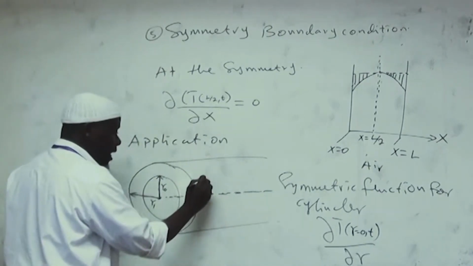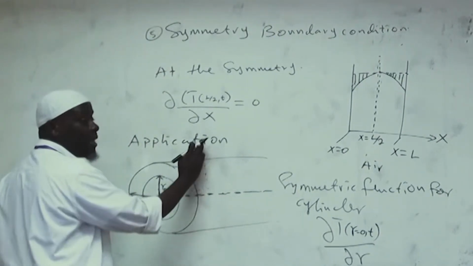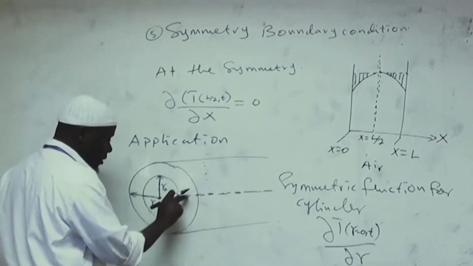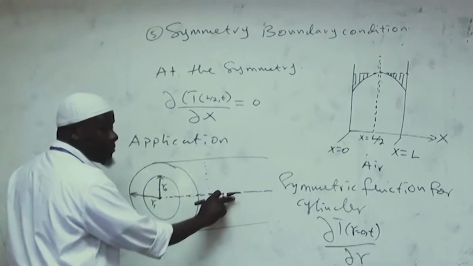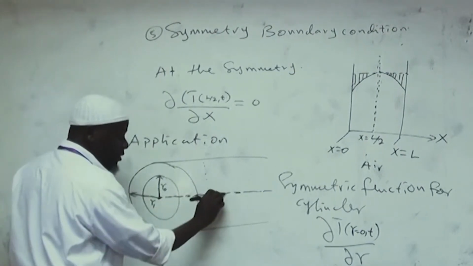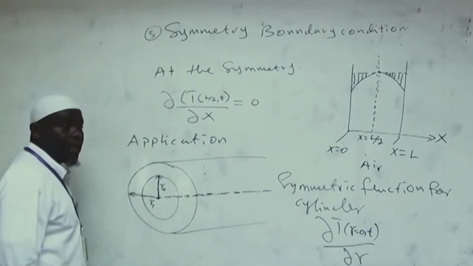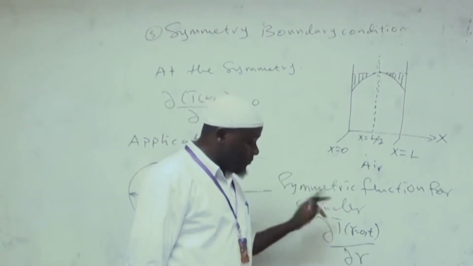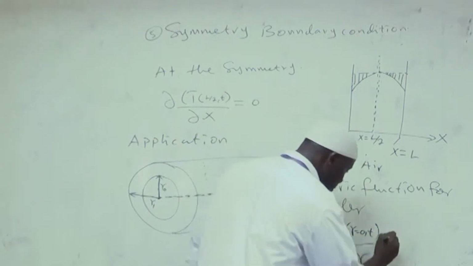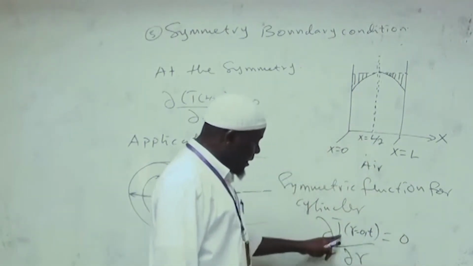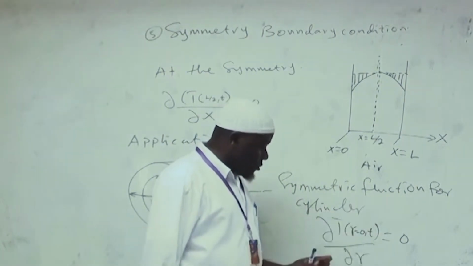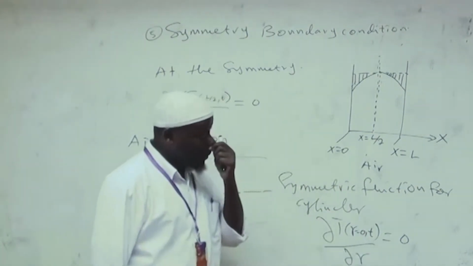But at any point along this direction, temperature is changing, it is changing in the radial direction. With respect to the symmetry, at any point along the symmetry, the temperature is the same. So this is what we refer to as the symmetric condition. It's very important, and this is equal to 0. The derivative of temperature along the radial direction at the symmetry should always be equal to 0.